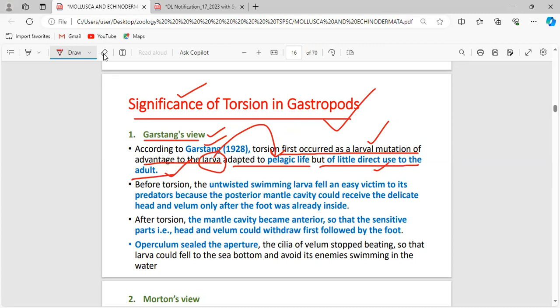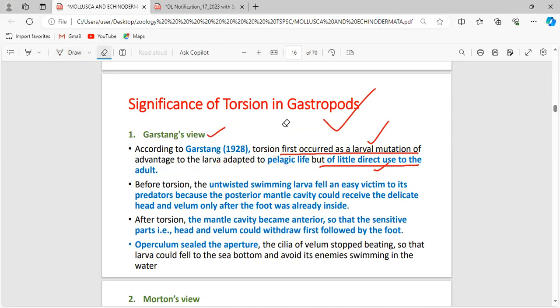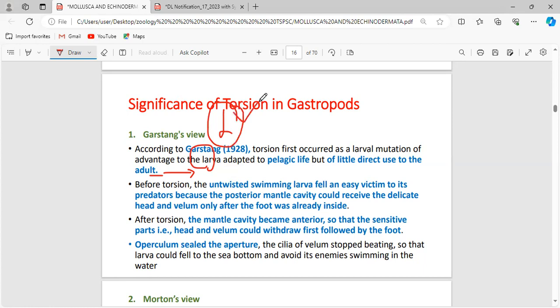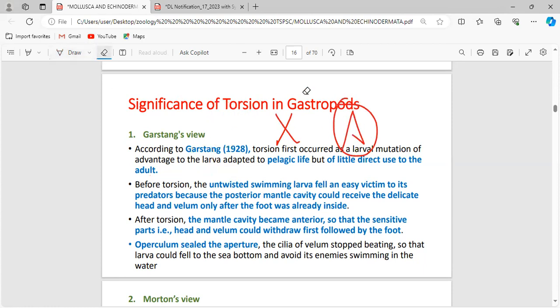So the adult will straight away use whatever it wants. What you have to understand is that the life cycle preferred by the larval stage is completely different from the adult. That is the first significance.